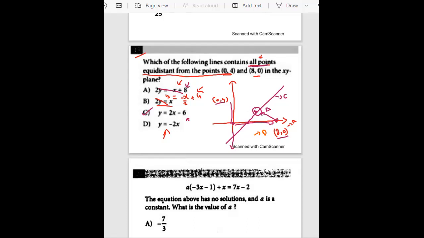The distance is 0 and it is very much away from (8, 0), right? And the condition was that they should be equidistant. Similarly, for the points passing through the origin, I told you that they had a 4-unit difference with the point (0, 4) and an 8-unit difference with the point (8, 0). So we are not checking all the points. We can just check one point because the claim was that all points should be equidistant from (0, 4) and (8, 0), right? Did you understand it now?